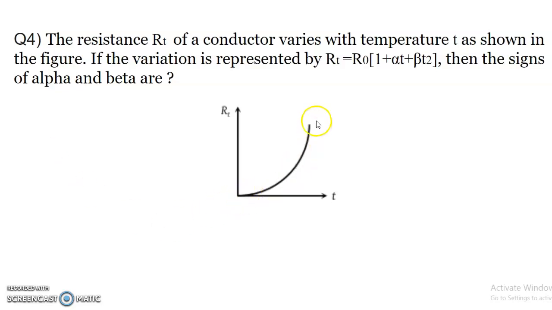On observing this graph, we see that it is a positive parabola. Since it is in the first quadrant, we can say that the signs of alpha and beta are going to be positive only. Yes, the answer is correct.